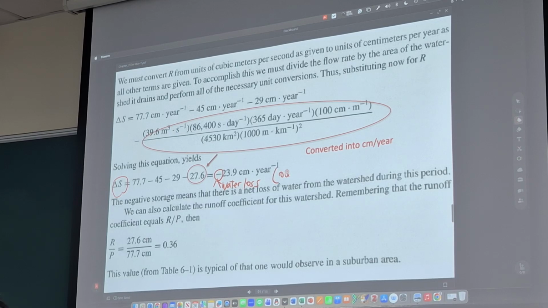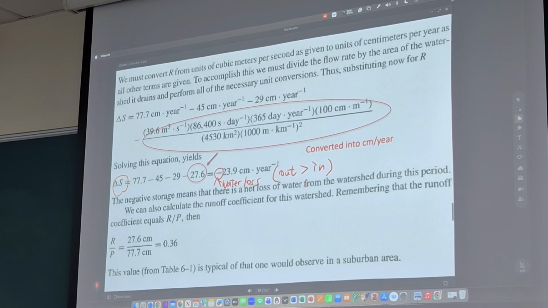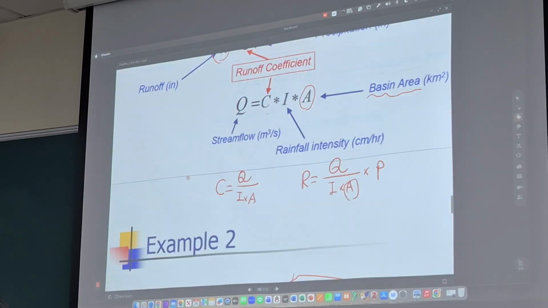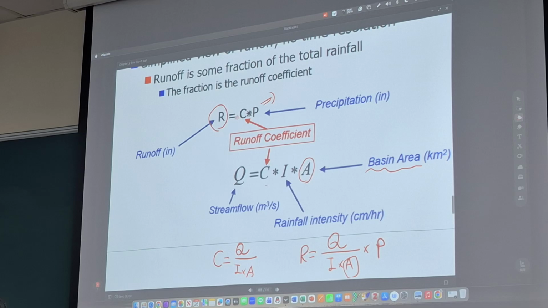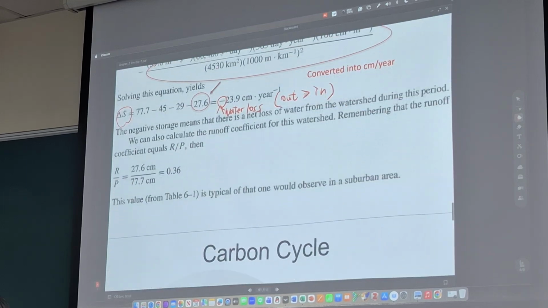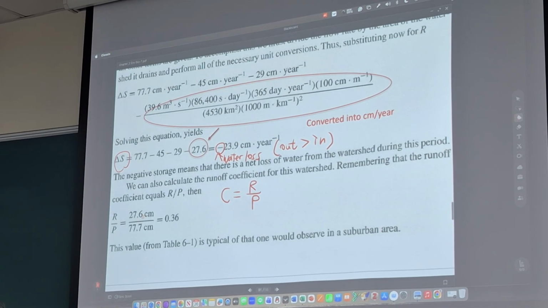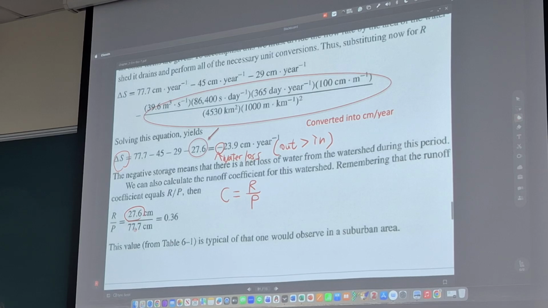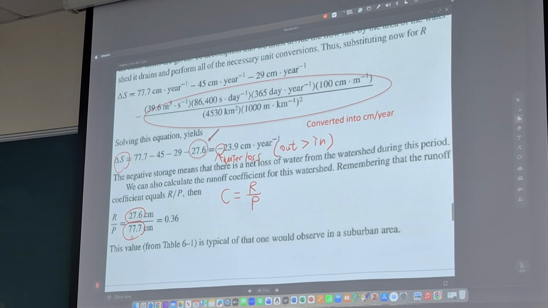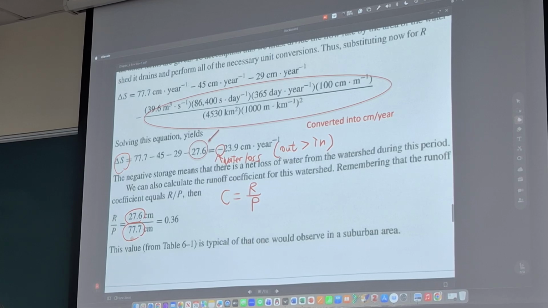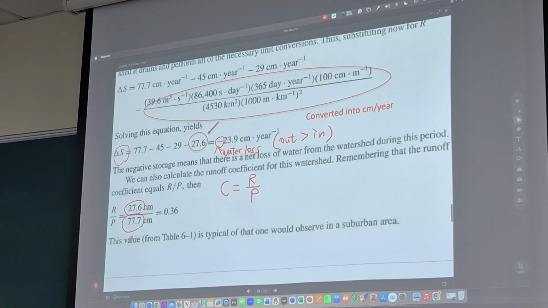It means R is larger than E. And the last one, the runoff coefficient. Students, the runoff coefficient, C equals R over P. So 27.6 over 77.7. So C will be 0.36. Okay?